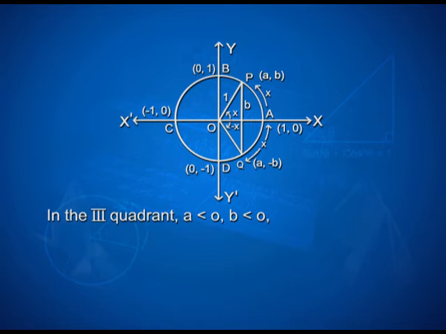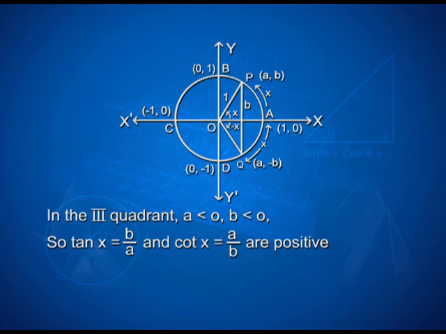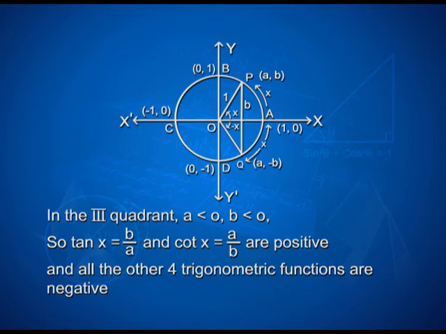In the third quadrant, a is less than 0, b is less than 0, so tan x is equal to b upon a and cot x is equal to a upon b are positive and all the other 4 trigonometric functions are negative.